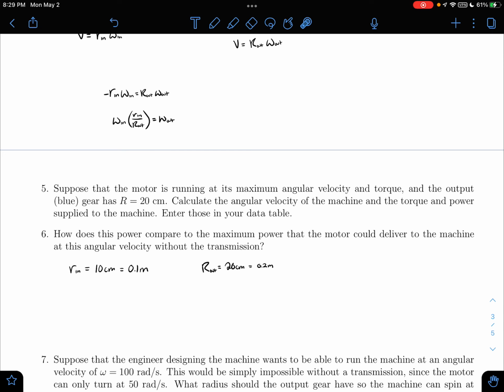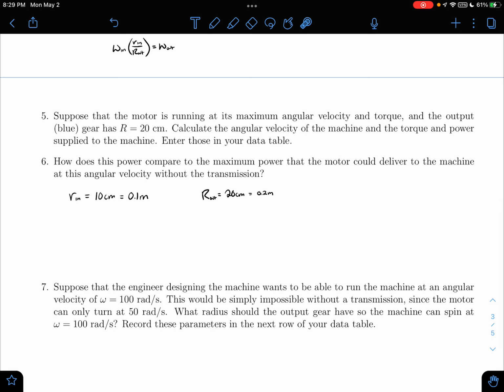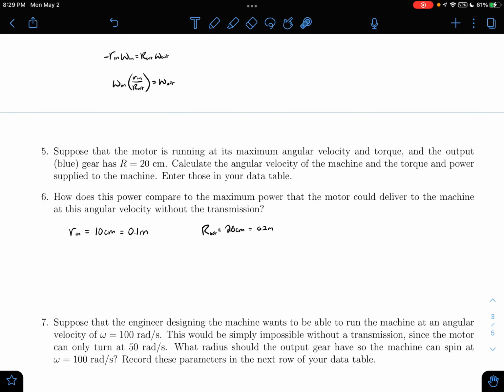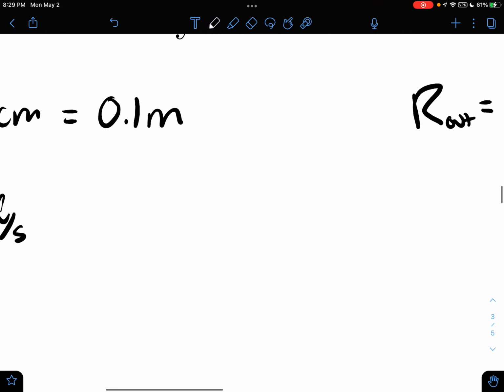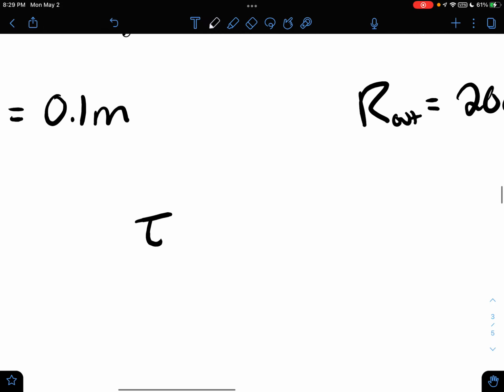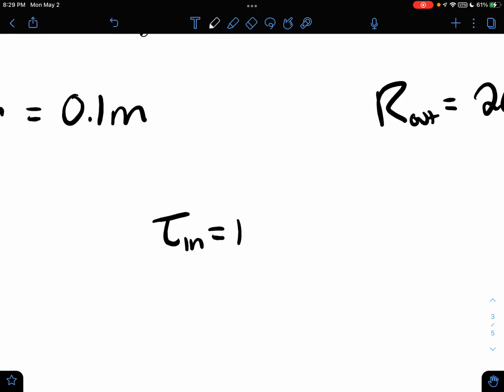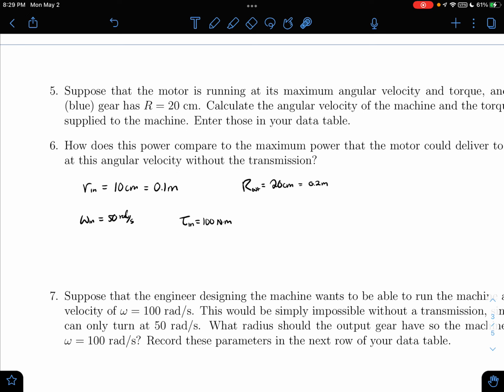It says to enter it in the table, but I'm not going to be writing sideways. We're just going to be figuring it out. So we have that our omega in is 50 radians per second, because that was given above. And our torque in is 100 newton meters, because we're at our maximum, so we know these.